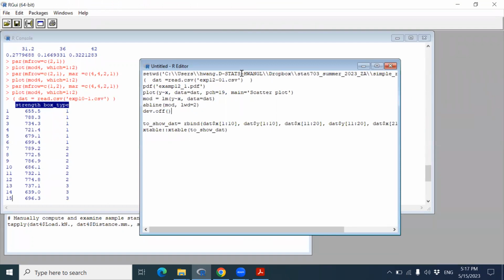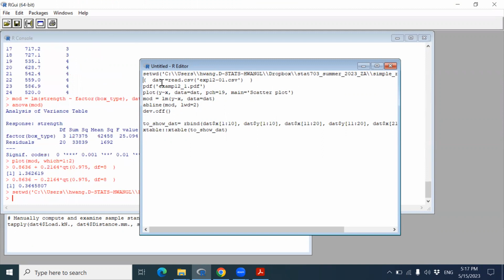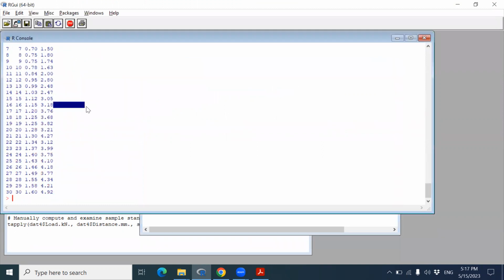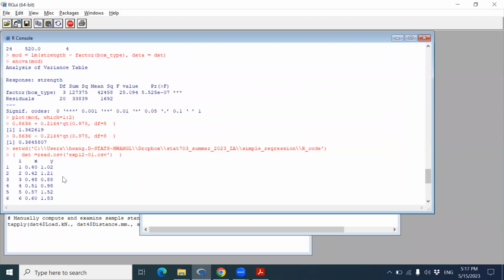So first set the working directory, and this part is to read in the data. Once we have the data read in, then plot it to check whether the relationship is linear or not. Let me run this set working directory and read in the data. So that's the data. The data contains the x and the y and also the observation number index.